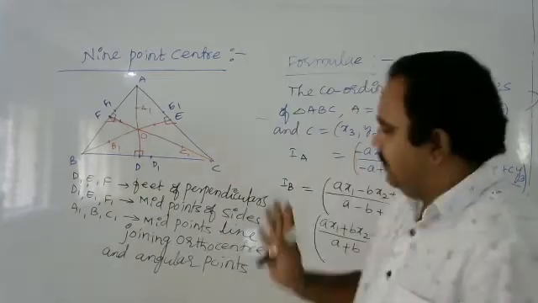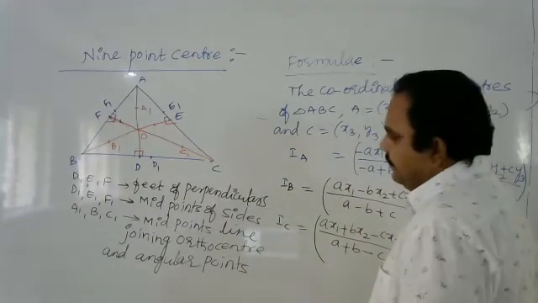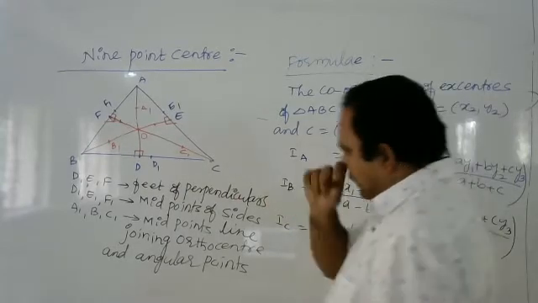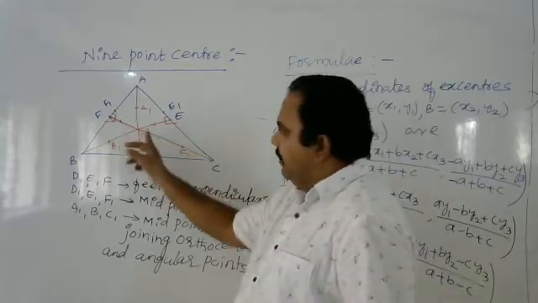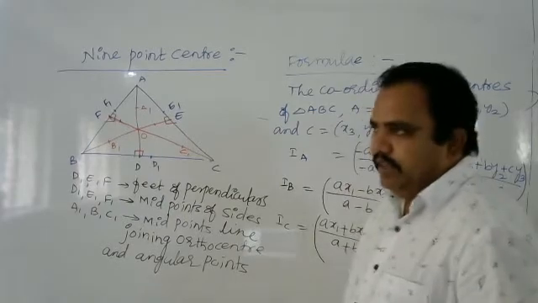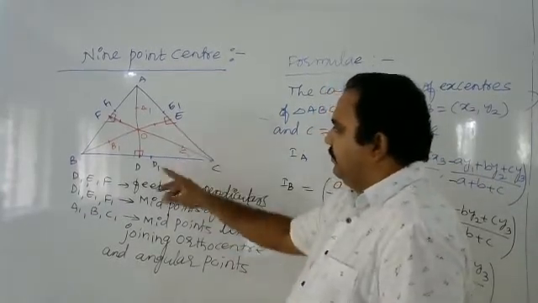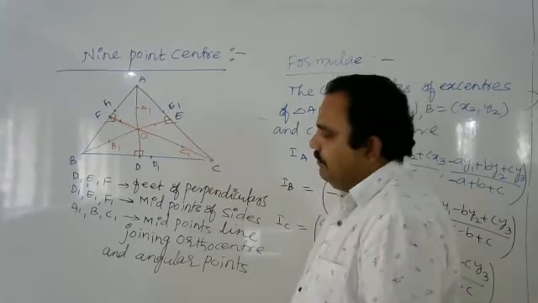So these are the 9 points. 3 points are feet of the perpendiculars D, E, F, the altitudes, and their point of intersection is the orthocenter. The next 3 points are the midpoints of the sides D1, E1, F1.